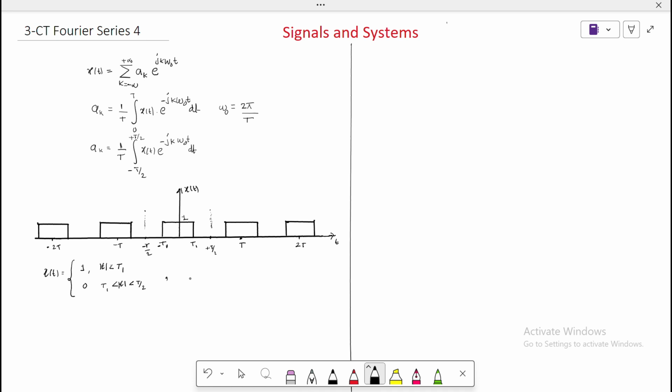Now, what is the Fourier series coefficient for this periodic signal?